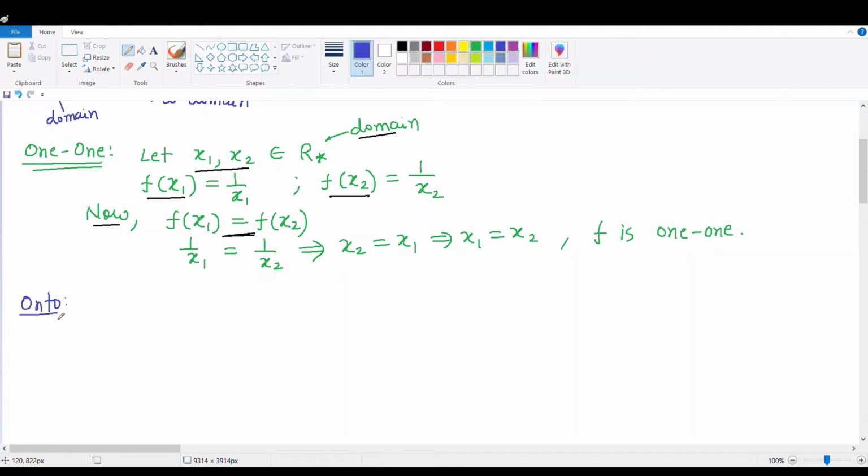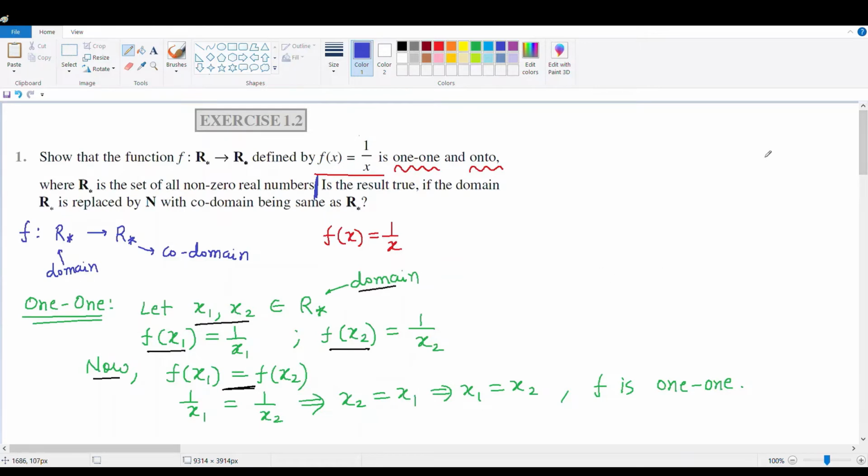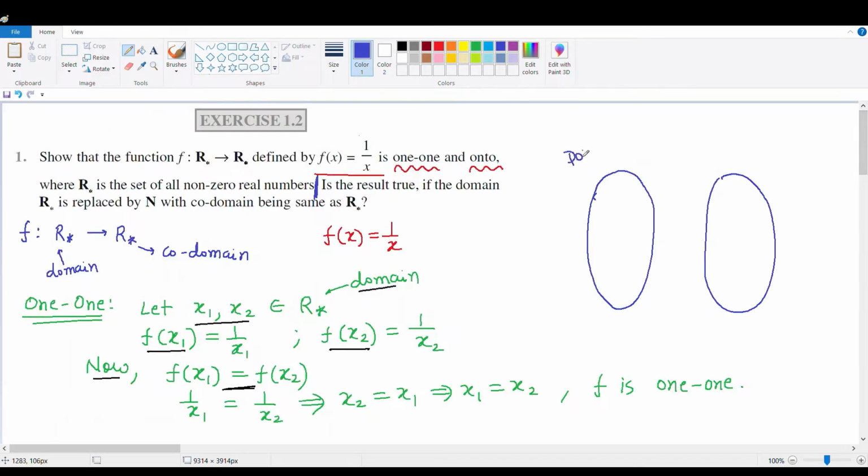Now onto. A function is onto when, if I try to draw that diagram of domain and codomain, this is our domain, this is our codomain, and the function goes this way, f of x equals 1 over x.